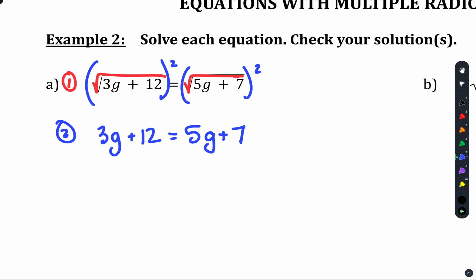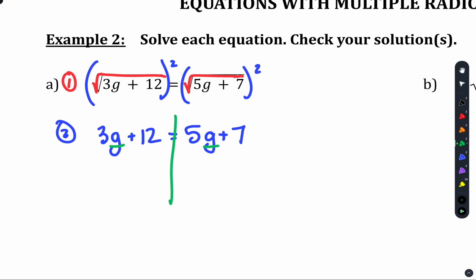Good? Now I'm solving for g. There's a g on each side of my equation, though, so how do I solve this? We want all of the variables to go to one side of my equation. It really doesn't matter what side you put it on. I like to try to avoid negative numbers if I can.